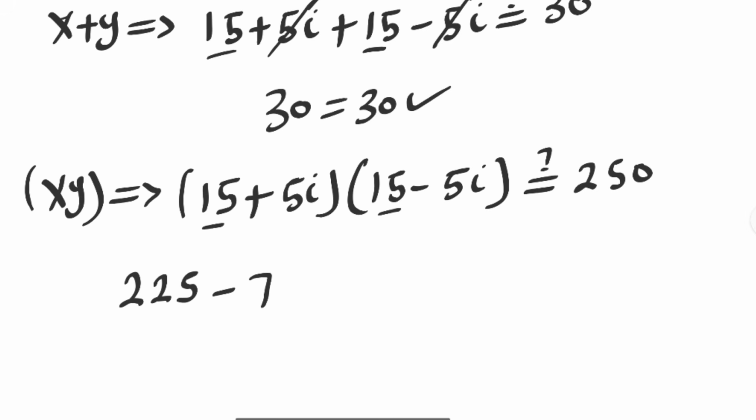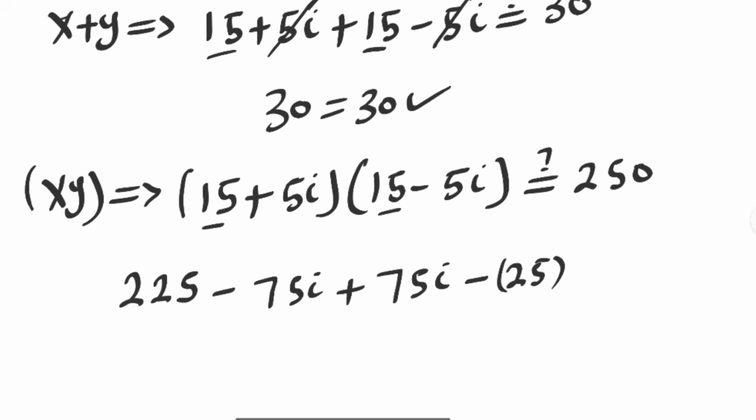That is 75i, minus 15 times 5i. This is 75i, plus 5i multiplied by 15, 75i. Then 5i multiplied by minus 5i. This is minus 25 multiplied by i squared, must be equal to 250.